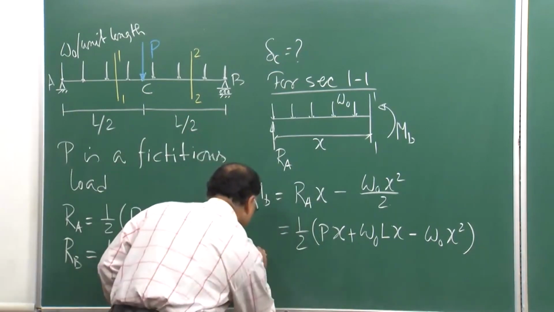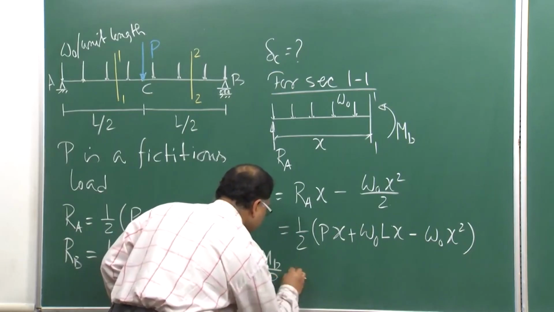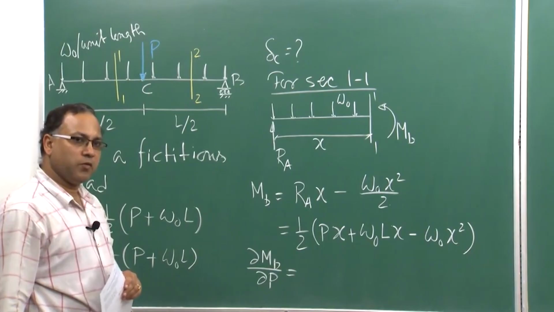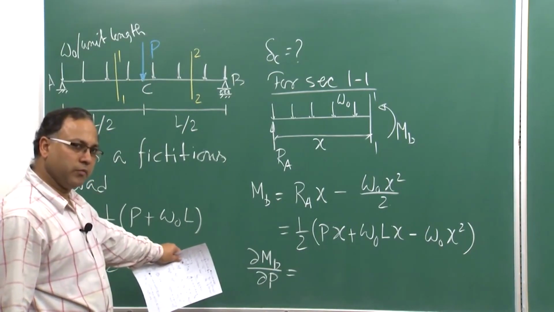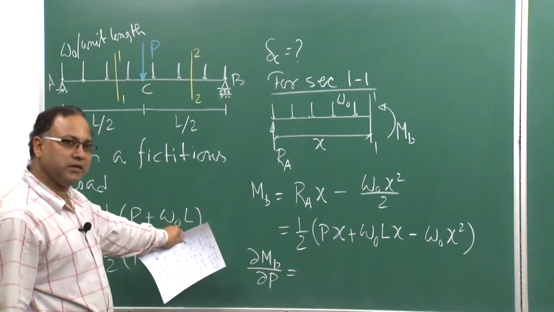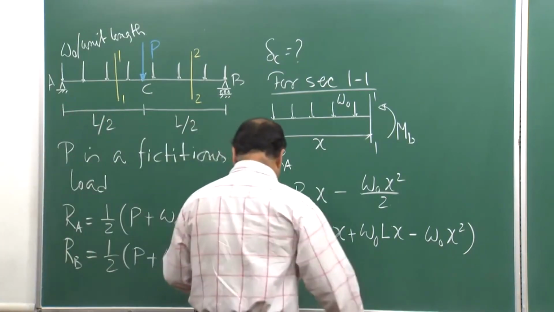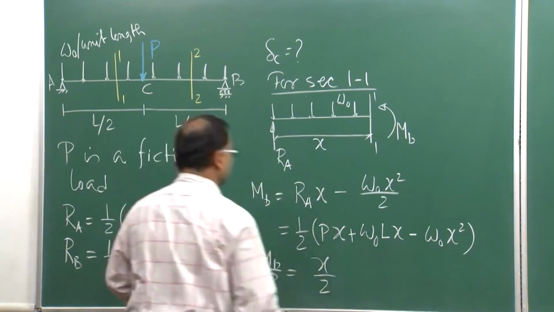And, as you know, this will require del M by del P. If you recall the previous numerical problem, there we also calculated this expression, del M by del P. So, that will come as x by 2.